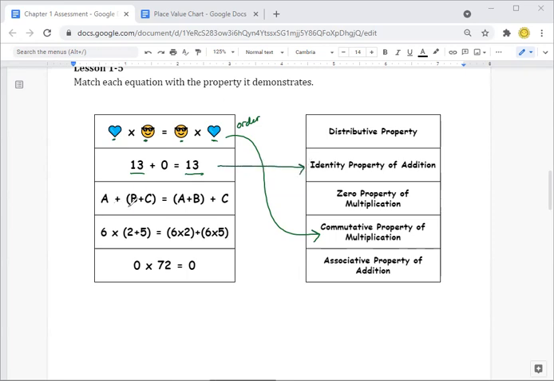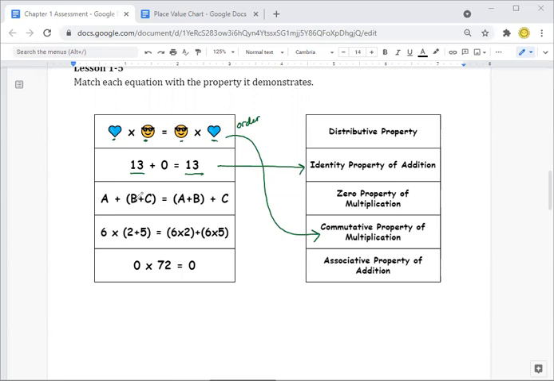Now this one here reminds me of that math theater production we did with the kids getting together for a group project, right? And we found out that it didn't matter which friends got together first, as long as additions or multiplications were involved, you're going to get the same result in the end.